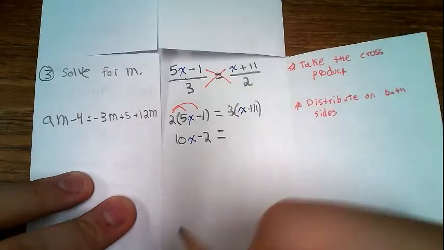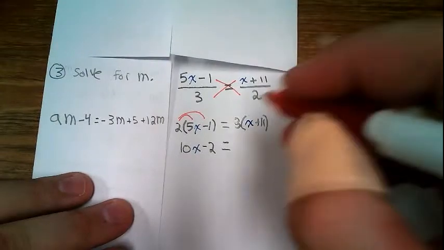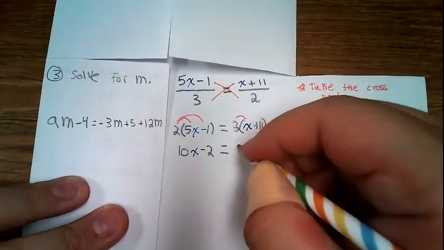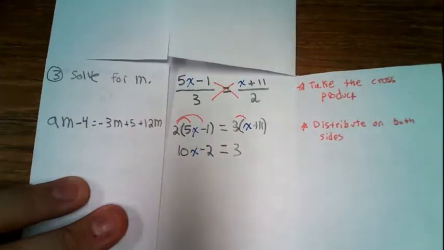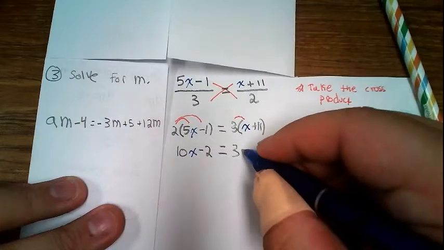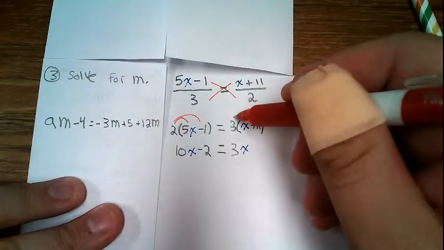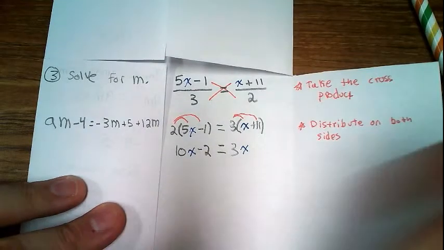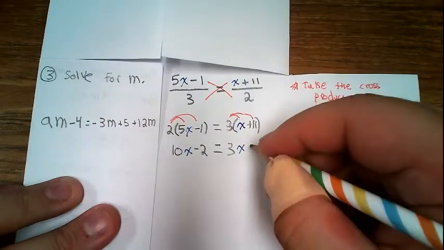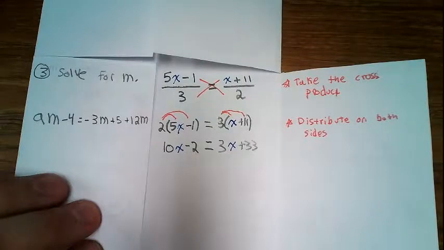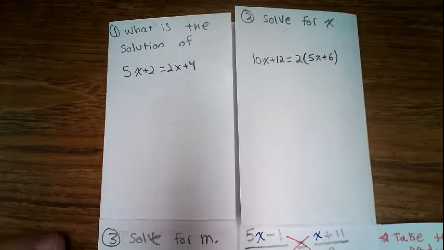And that's going to equal what I distribute on the right side. 3 times x is positive 3x. 3 times positive 11 is positive 33. And now it's similar to our first example, where we have x's on both sides.